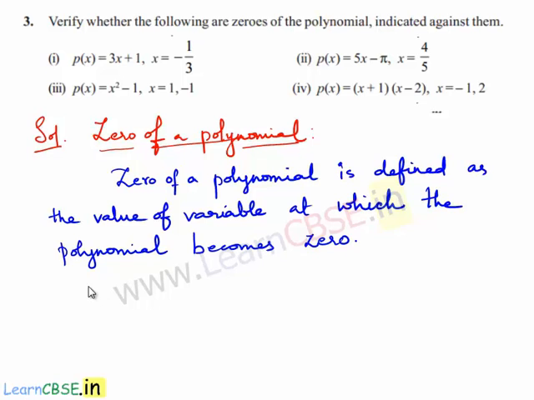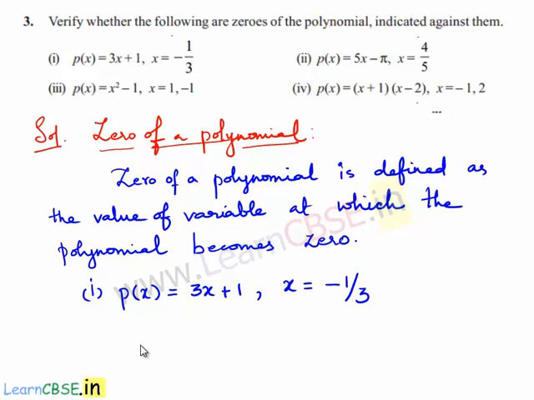So let us take the first bit, which is P of x is equal to 3x plus 1 provided x is equal to minus 1 by 3. The given polynomial is in the form of 3x plus 1 and the variable here is x.